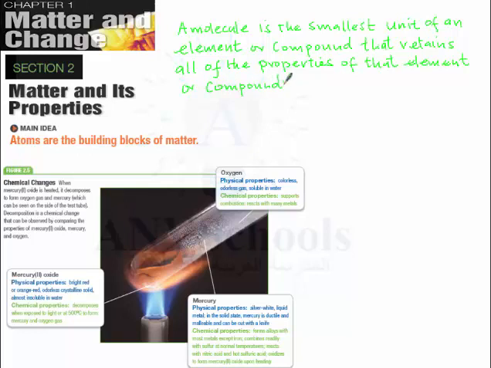So we looked at examples like oxygen molecule, like nitrogen molecule, like carbon dioxide molecule, like water molecule, and we said that these ones are elements and these ones are compounds.